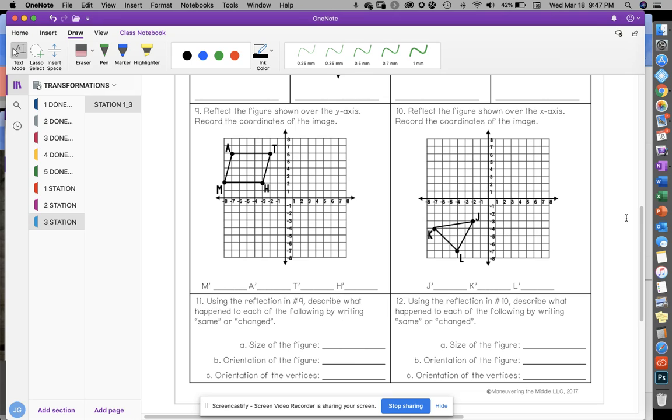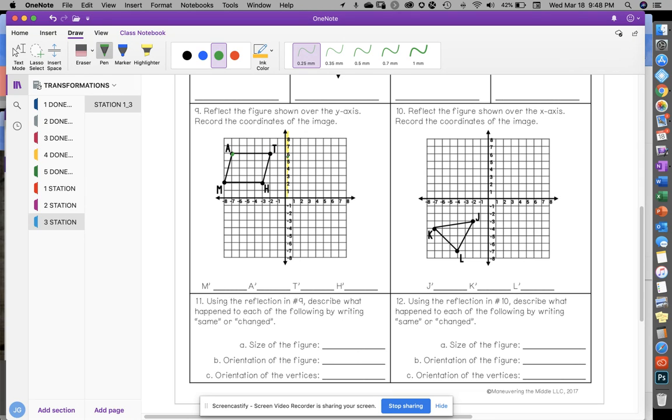Number 9, reflect the figure over the y-axis. So I'm going to jump it over this line right here. Okay, record your coordinates. Since I kind of wrote over my line and my numbers there, I'm going to change that to a highlighter. So I'm going to jump over this line right there. If I am at this point, I'm at -7, 6.